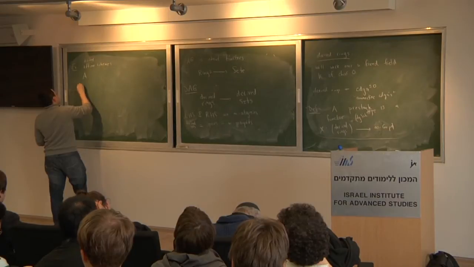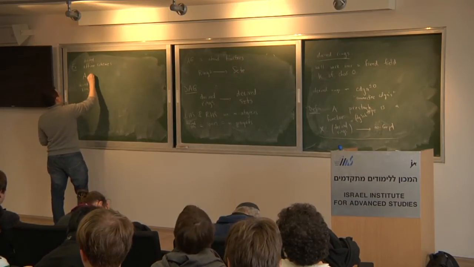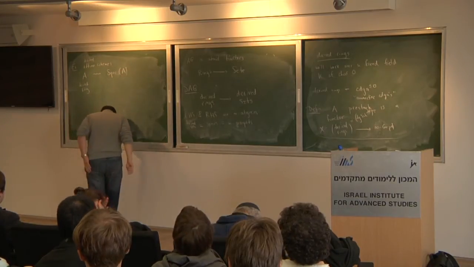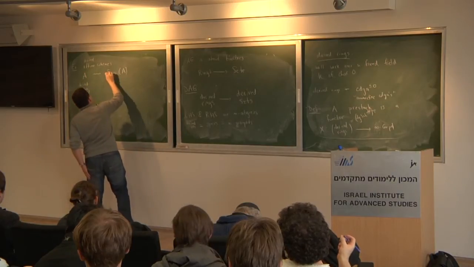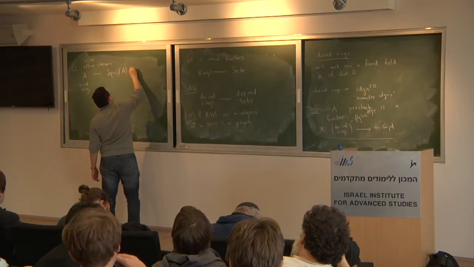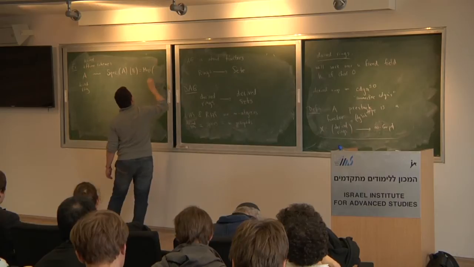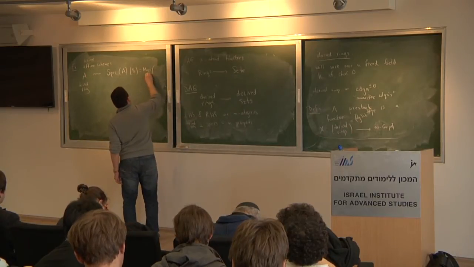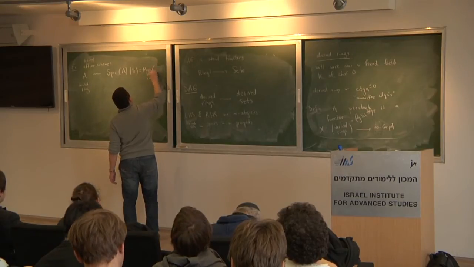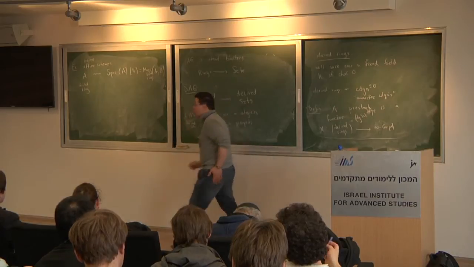If I have a derived ring A, I can associate to it the spectrum of A, and as a functor, this evaluated on B is the mapping space in derived rings from A to B. So it's the same formula as you would define Spec of a ring.